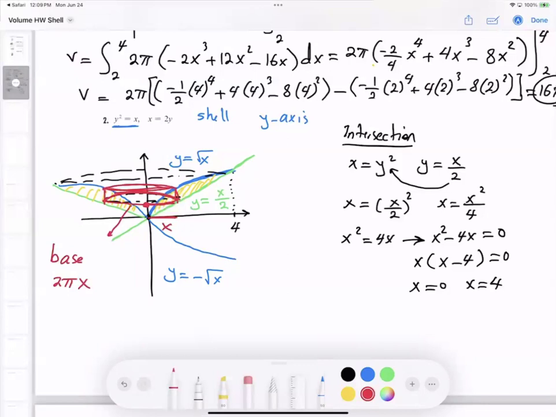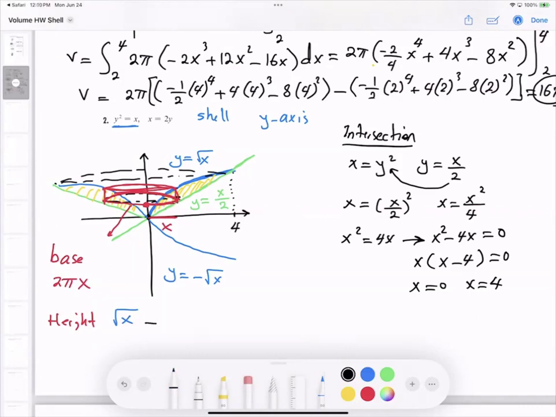What about the height? For the height, well, the difference between the maximum y value and the minimum y value gives you the height. So for the height, what do you have? You have square root of x minus the smaller y value, which is down here.